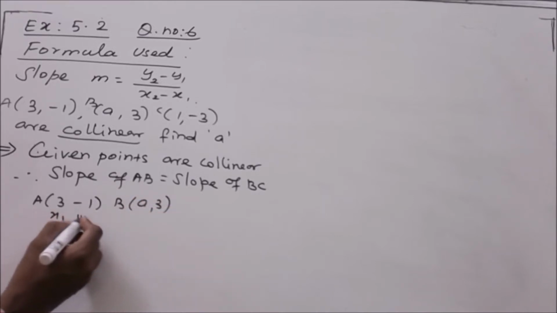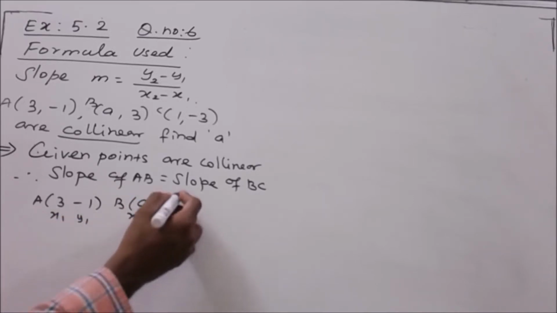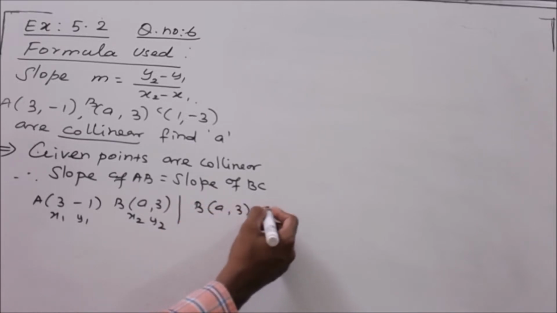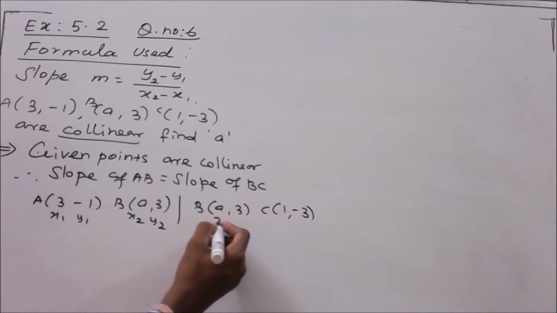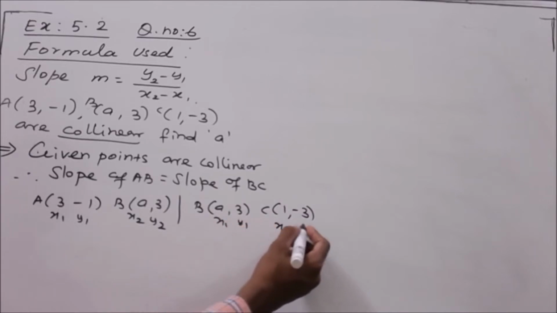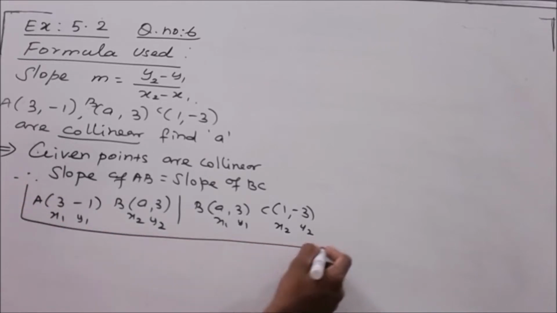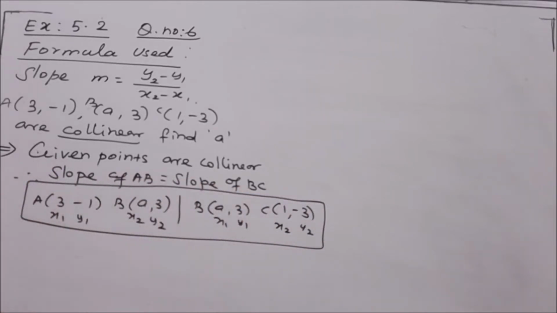This is x1, y1, this is x2, y2. And then B and C are taken. B is (a, 3) and C is (1, minus 3). This is x1, y1, here x2, y2. These are the points taken to calculate slope.